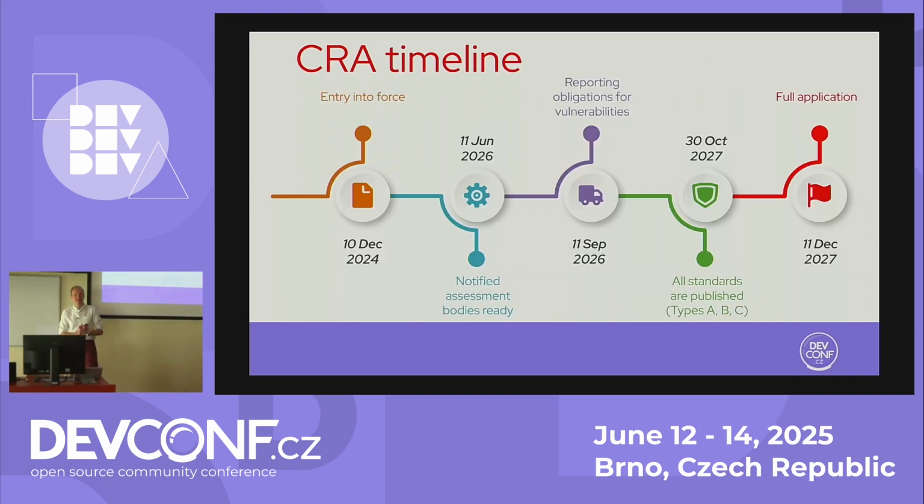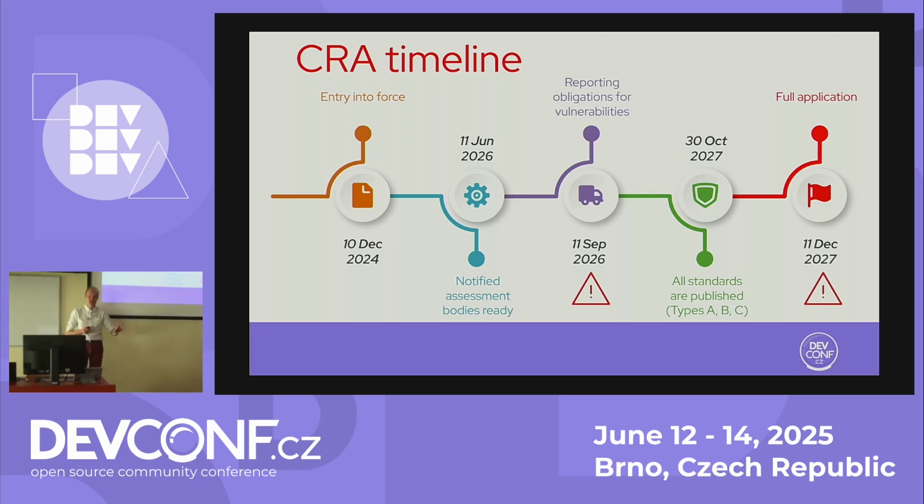Now the timeline. The next most popular question after the scope and the requirements is when, right? Okay, now I understand whether I am affected or not, and at least at a glance what I need to do, when do I need to implement all these requirements? This is a simplified entire timeline, and keep in mind that CRA is officially already in force, though some of the most important parts of the regulation will be applicable later in 2026 and 2027.